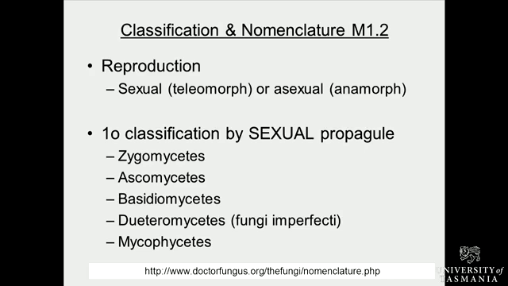Virtually all the fungi we see in human disease are in the asexual stage. So for us, it's not really that relevant, except that by a weird quirk of how the whole science has been devised, if a fungus has 2 names, often the name of the sexual state has preference over the one that's asexual.